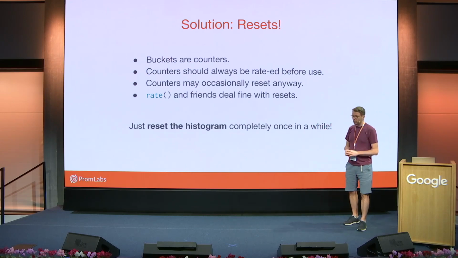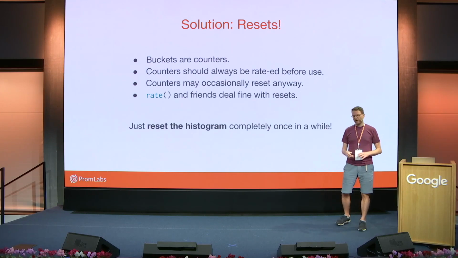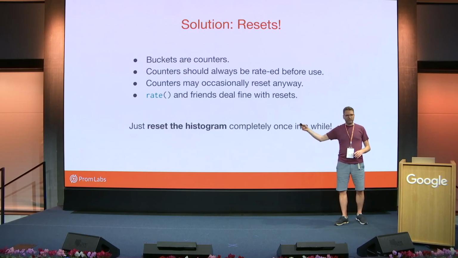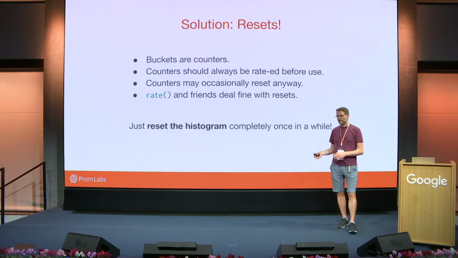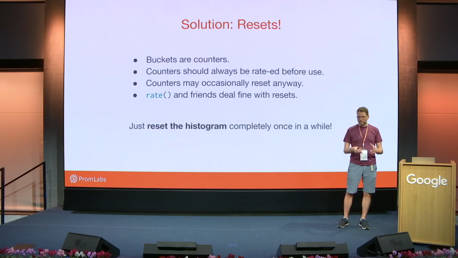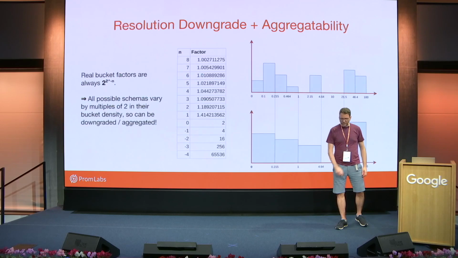And any counter can anyway reset at any time. Like when your service instance restarts, it will need to start at 0 again. And all those functions, rate, irate, increase, they deal fine with occasional resets, as long as those resets don't happen with a frequency that comes close to the scrape frequency. So yeah, that works pretty well to kind of garbage collect that entropy.